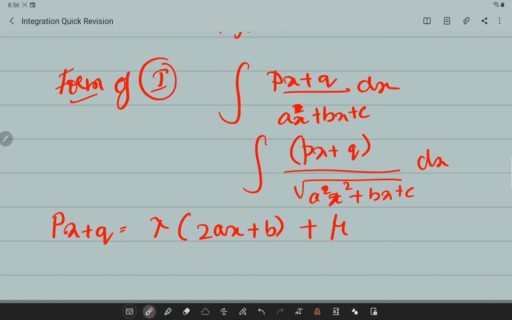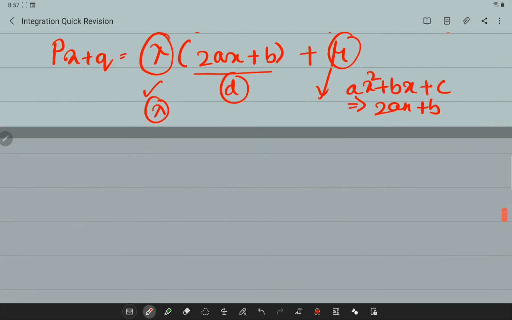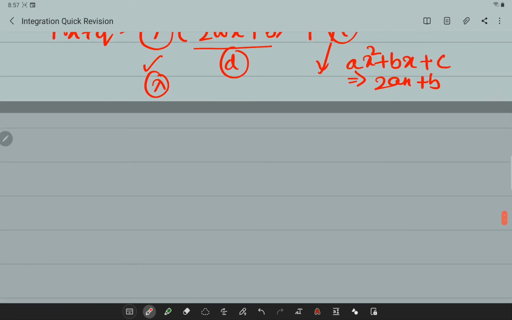Now what is this concept? The derivative of ax square plus bx plus c is simply 2ax plus b. So I have to write the numerator in the form of lambda into the derivative plus mu. Now we have to calculate the values of lambda and mu for solving the problem.